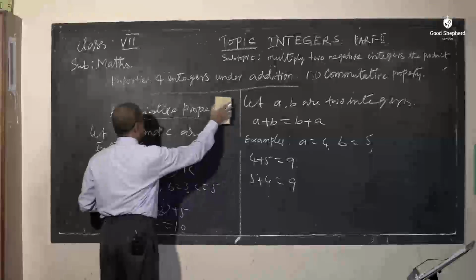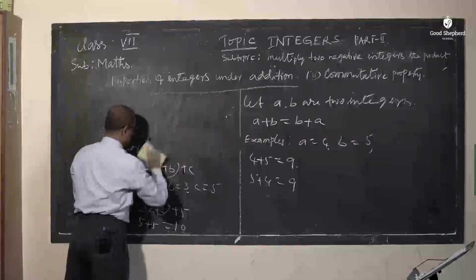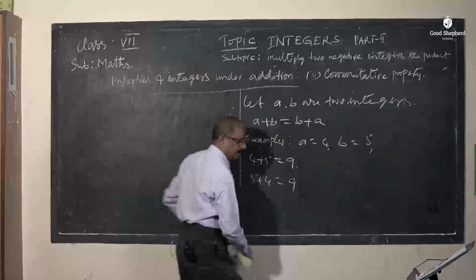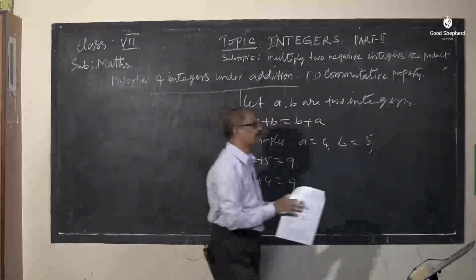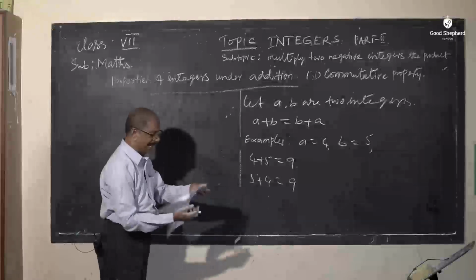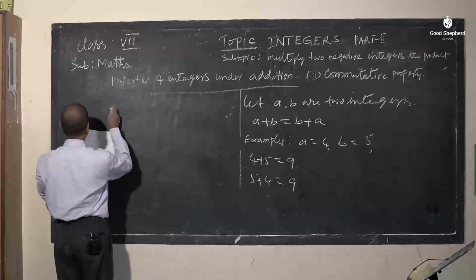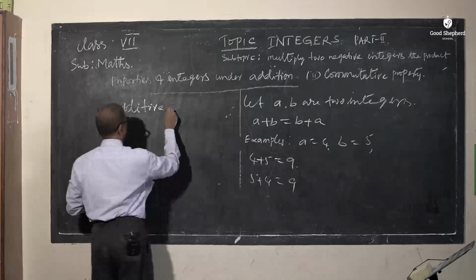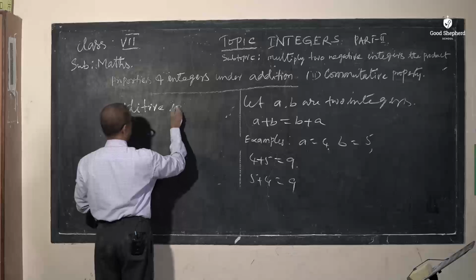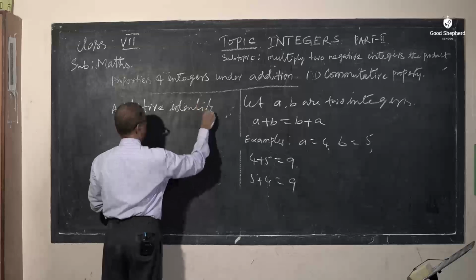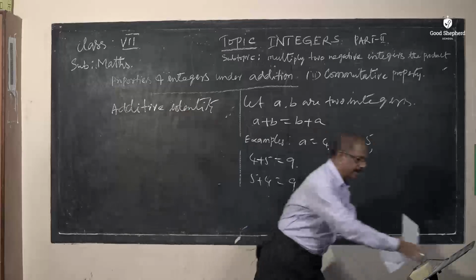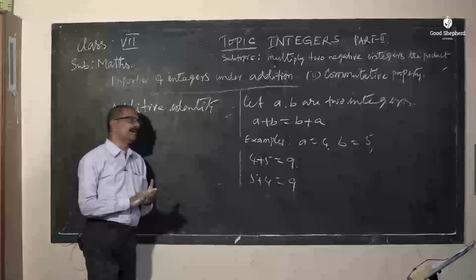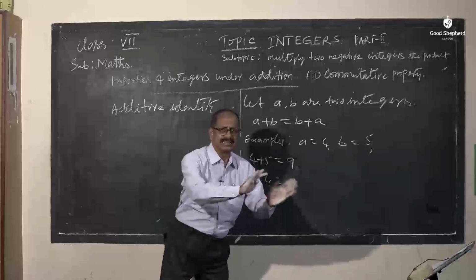Next, we'll go to the identity property. What do you mean by the identity property? Additive identity, that also we are going to learn. Very simple: add any number to 0, and I will get the same number.